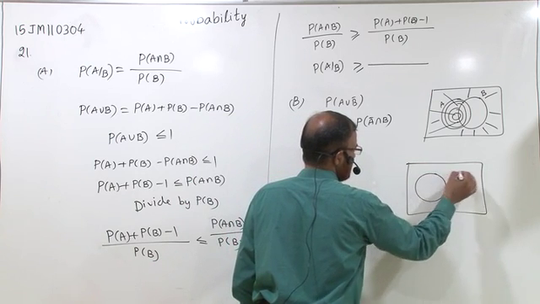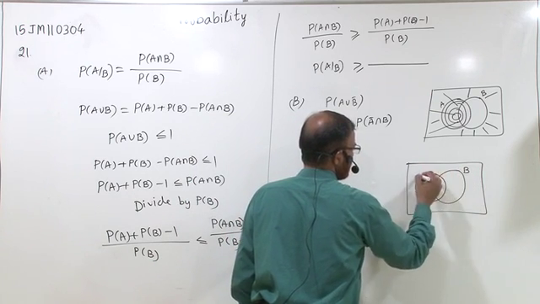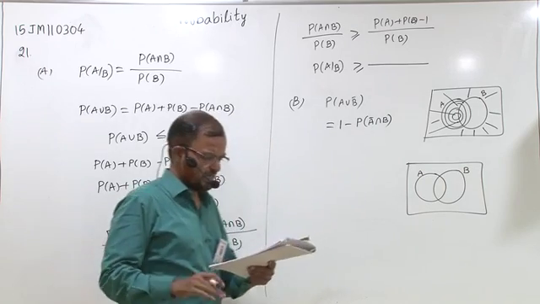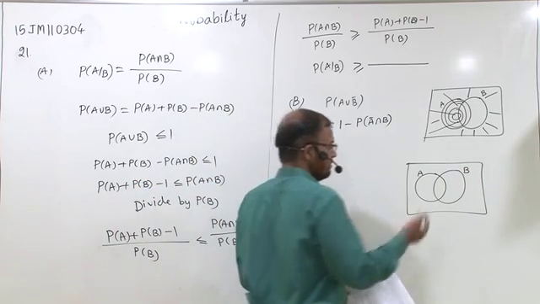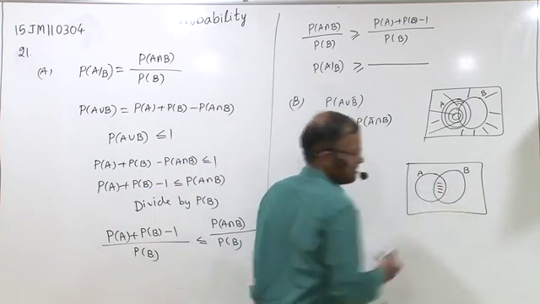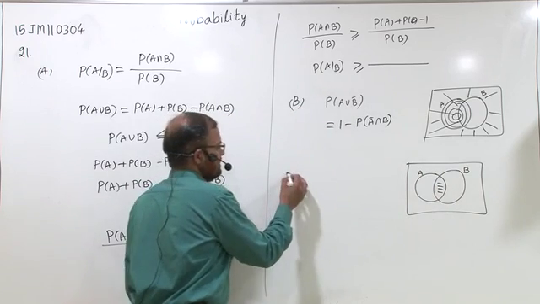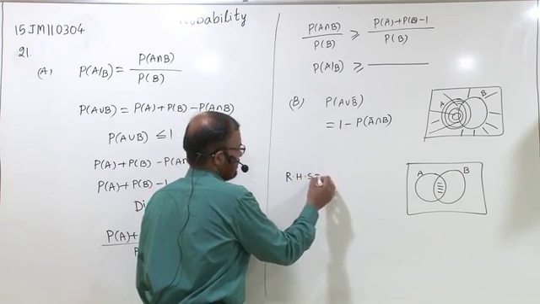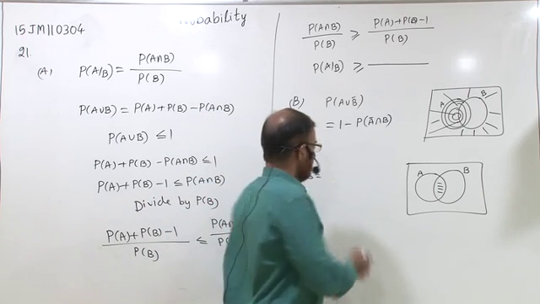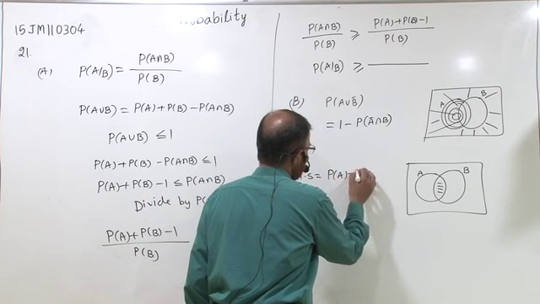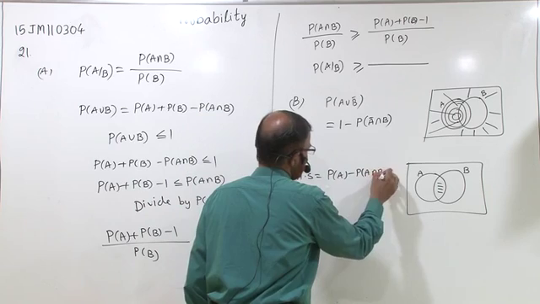This is A and this is B. I have to see here A intersection B. This is the region A intersection B. In the RHS, if I see here, I can say that probability of A minus probability of A intersection B.